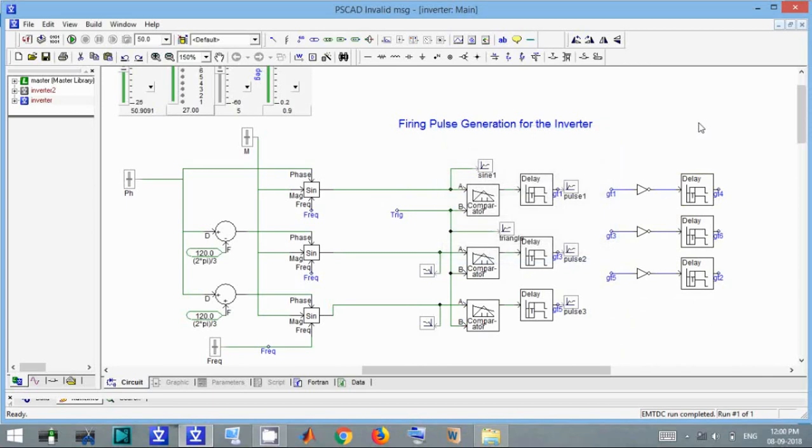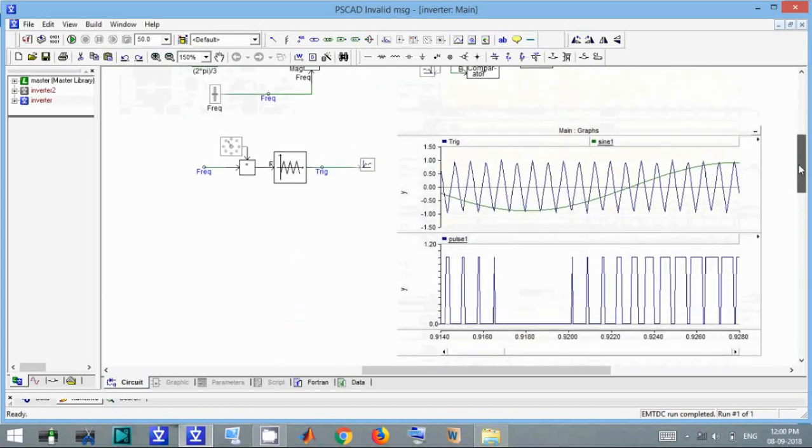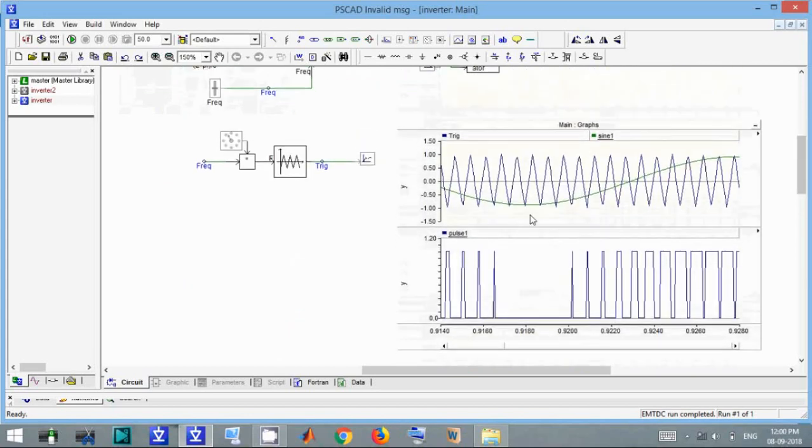If you want, you can delete this delay also. So this is the pulse generator. What is the logic?